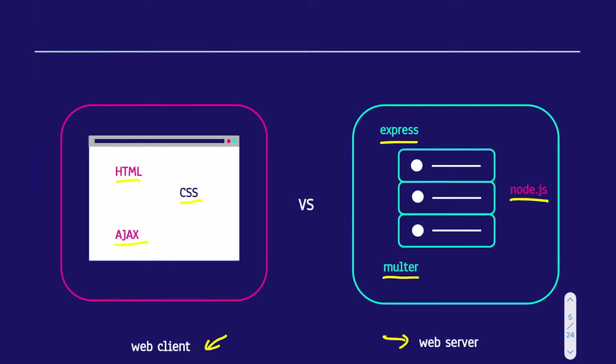So these are kind of like the two different sides of programming, and it's good to keep them separate in your mind. One is good for displaying content, the other one is good for providing content for clients.